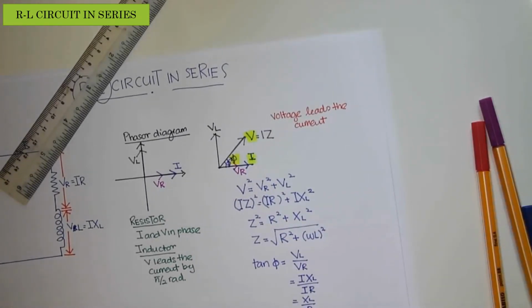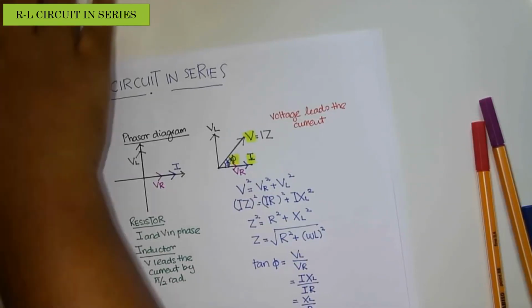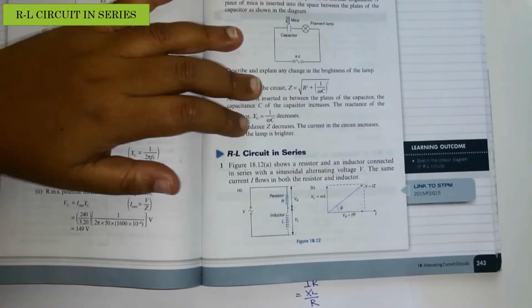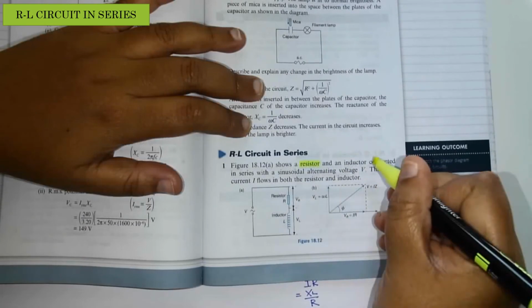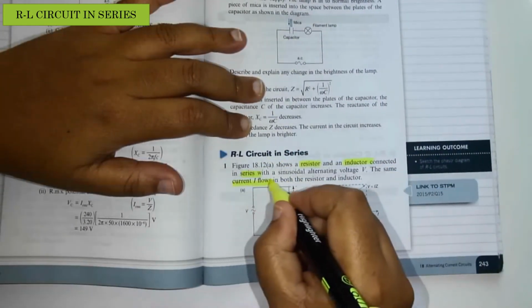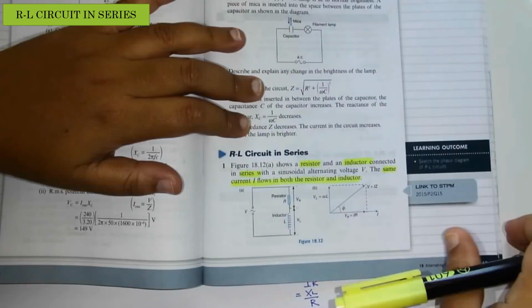Alright, so I want to look at your textbook. Figure 16.12 shows a resistor and inductor connected in series. Series means the current flowing in both the resistor and inductor is the same.